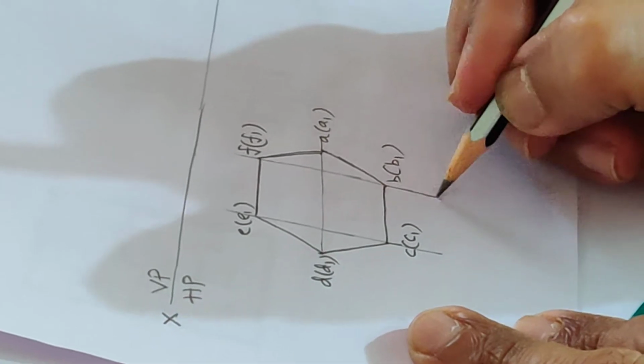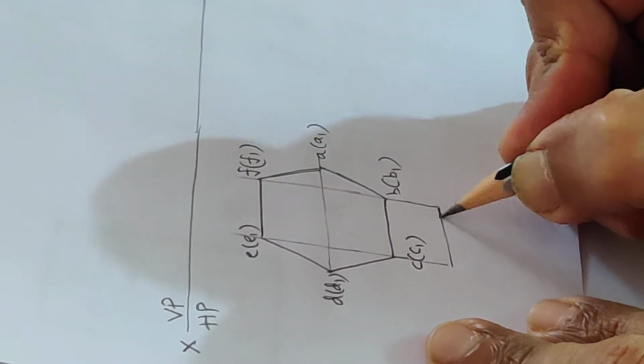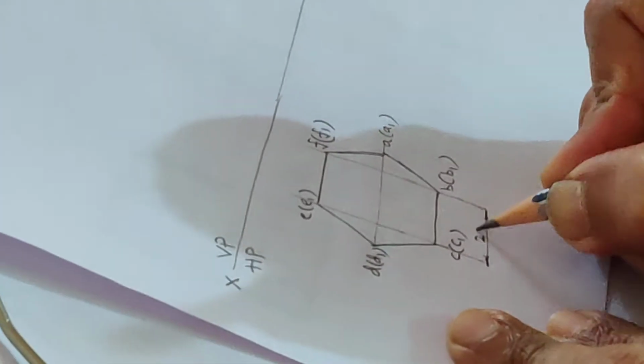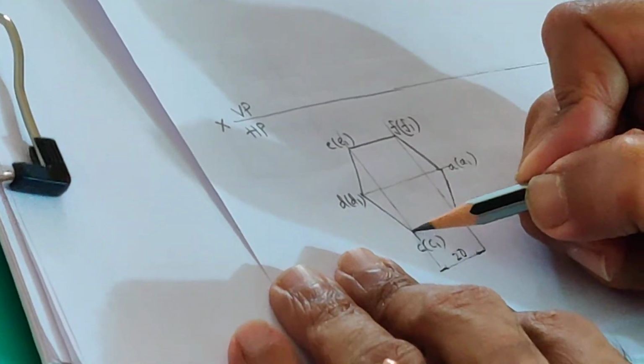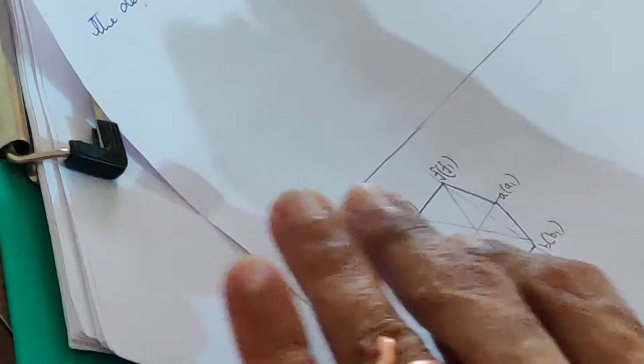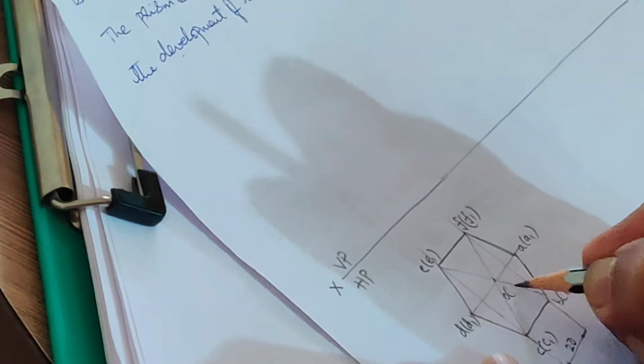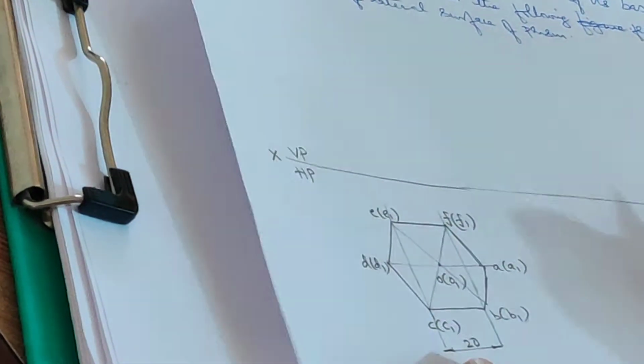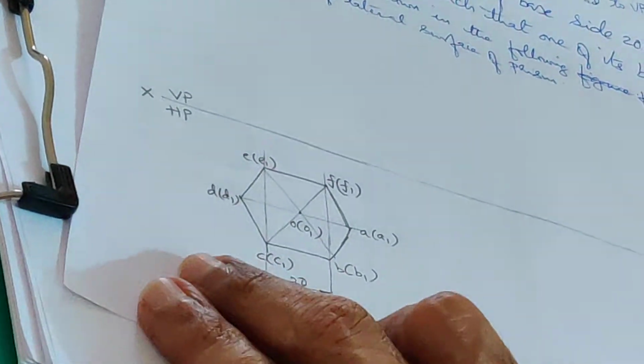You have to dimension one of the edges, show that it is 20. Now by connecting the diagonals you can get its center. You can call it O1. This is the top view of the prism.